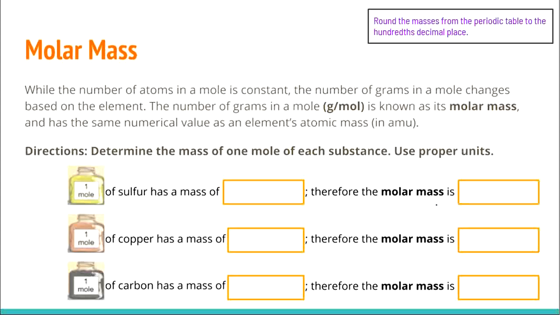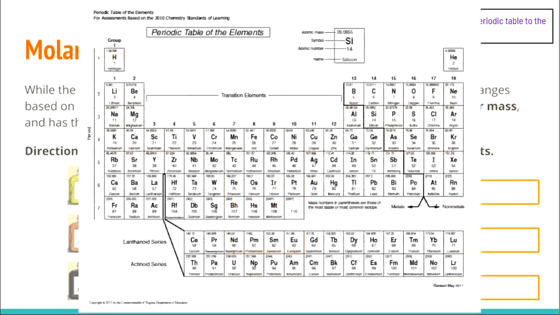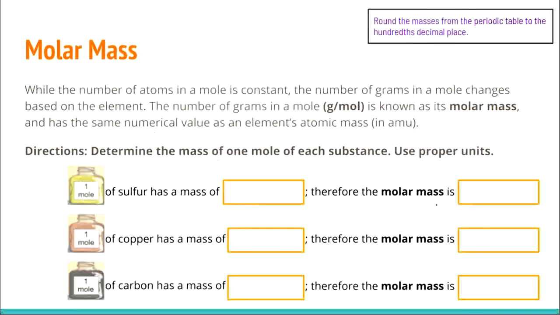Using your periodic table, we're going to determine the mass of 1 mole of each of these substances. So find sulfur on your periodic table. 1 mole of sulfur has a mass of 32.06 AMU. Therefore, the molar mass is 32.06 grams per mole.